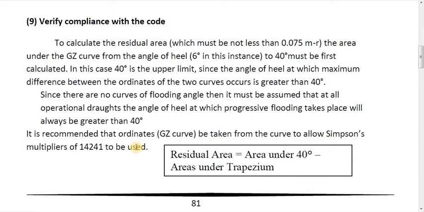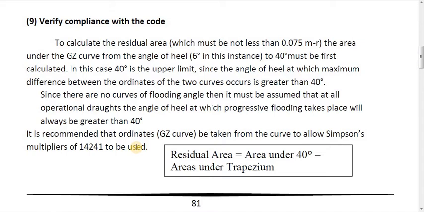Now, in this 40 degrees upper limit, the curve or the plotting angle is assumed to be more than the 40 degrees angle of heel, and because of that we will use the Simpson's rule multiplier 1-4-2-4-1 to find out the area under 40 degrees angle of heel, and we will subtract that with the area under the trapezium, which we will find out later.